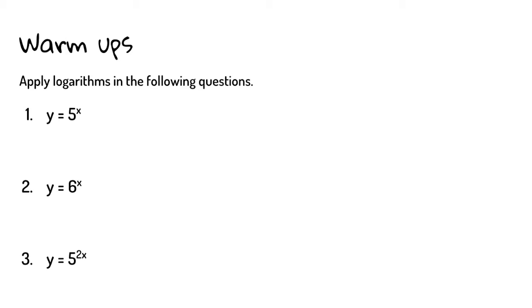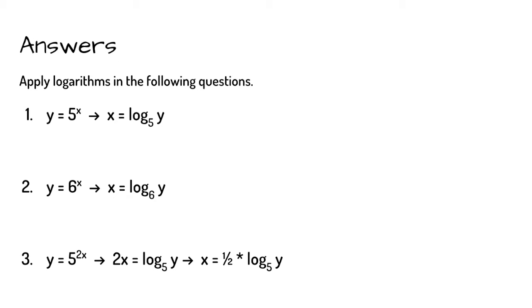Are you done? Then let's check what the answers are. In the function y equals 5 powered by x, if you apply logarithms, it is x equals log base 5 of y. In the next function, it's the same process, it's just the numbers are different. X equals log base 6 of y. Now, in the next one, there's a bit of a trick. It's an easy trick though. Y equals 5 powered by 2x.